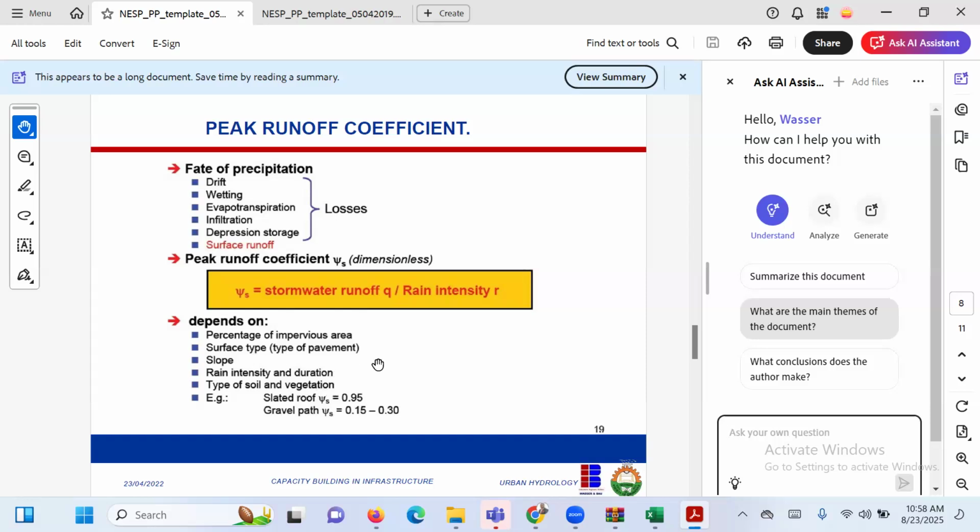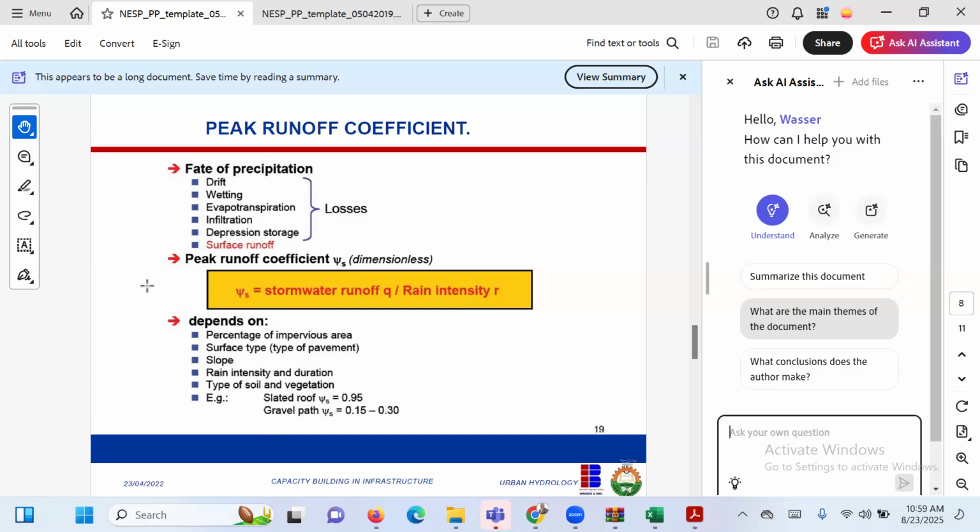Number one, we have what we call pervious and impervious area. The area that generates stormwater are the impervious areas. So if the impervious area is huge, you're going to generate huge stormwater. If the impervious area is low, you're going to generate less storm.